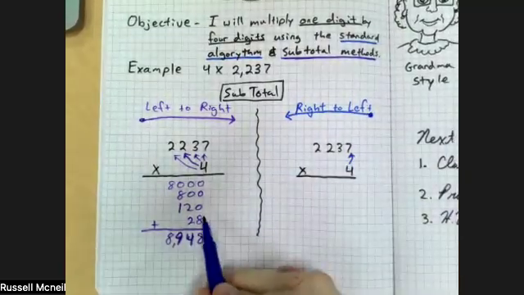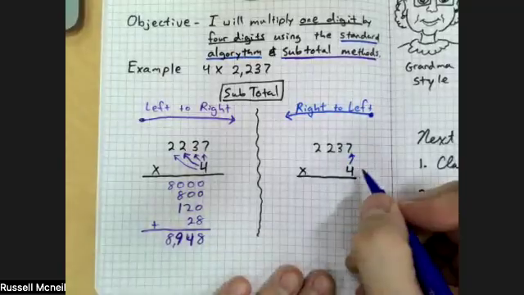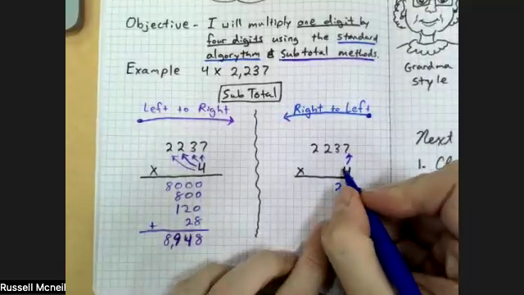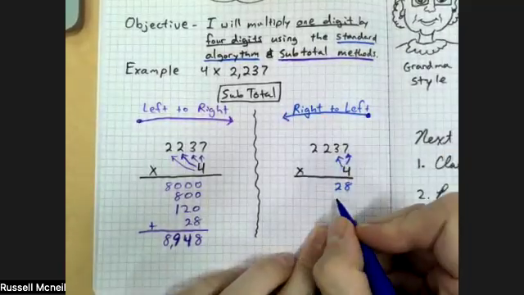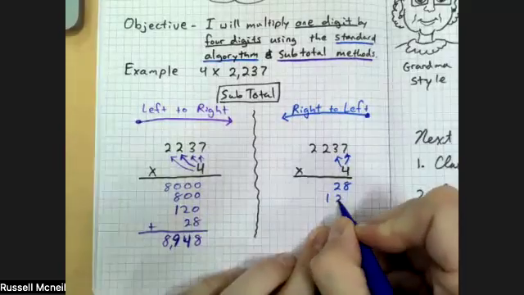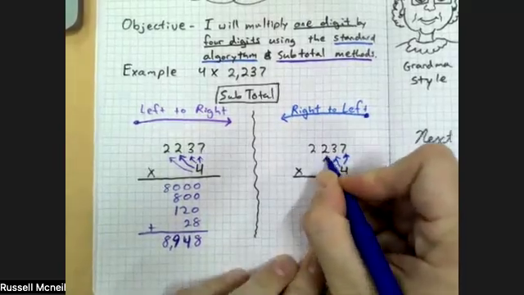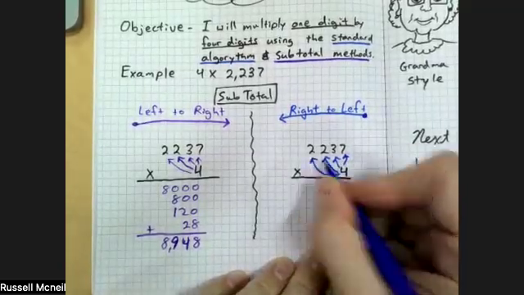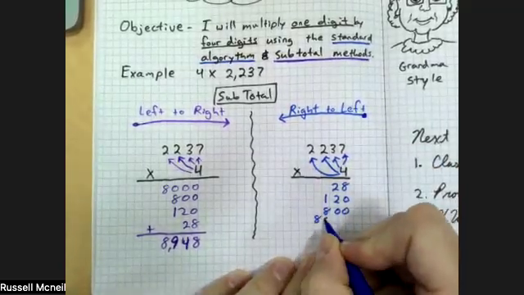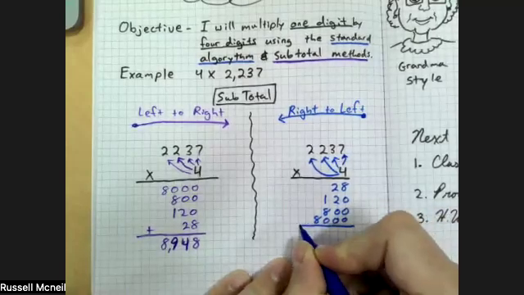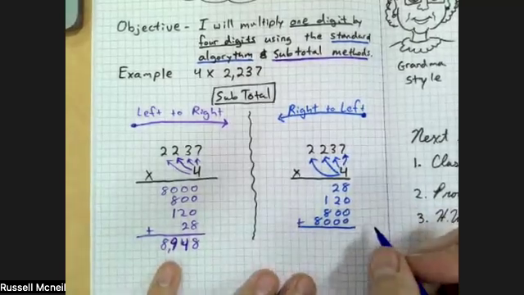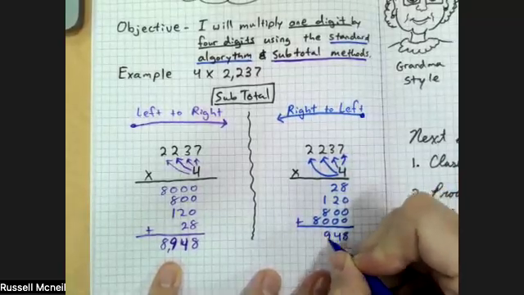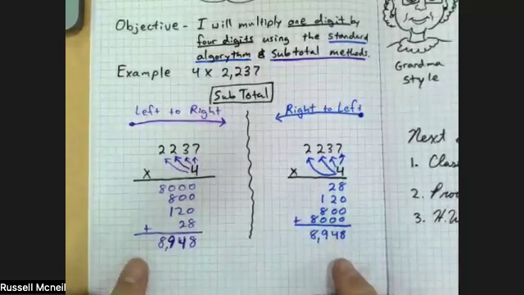So we're going to end up with the same answers, just in an upside down order. 4 times 7, we're going to get 28. 4 times 30, we're going to get, you guessed it, 120. 4 times 200, we're going to get 800. 4 times 2,000, we're going to get 8,000. And when we add them up, we should get the same number here. 8, 4, 9, 8. Wouldn't you know it, we got it.